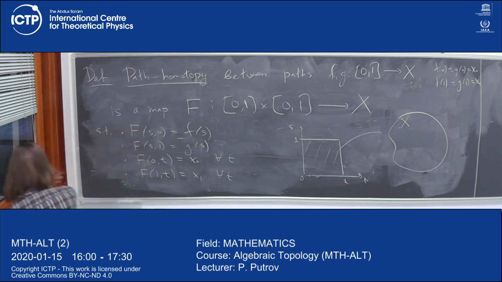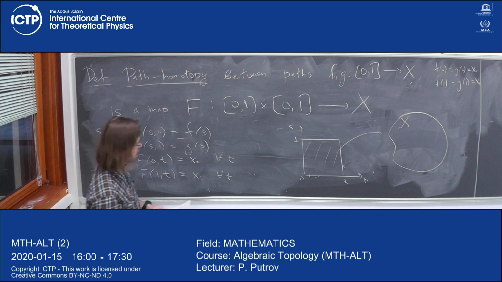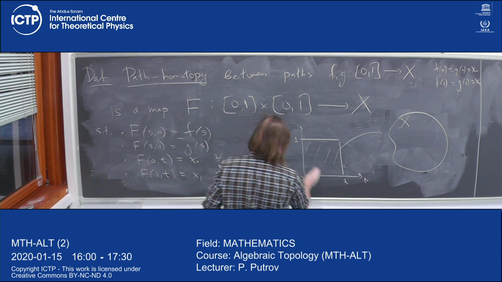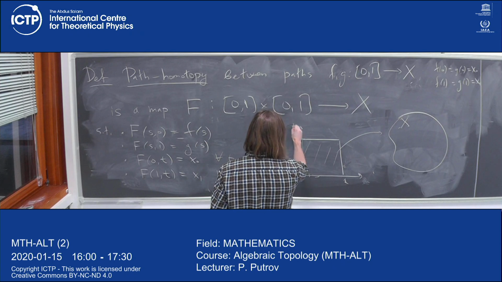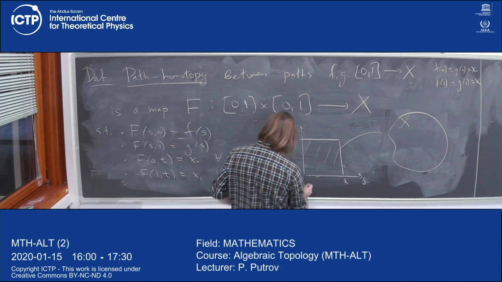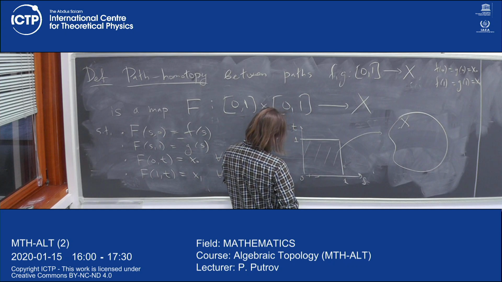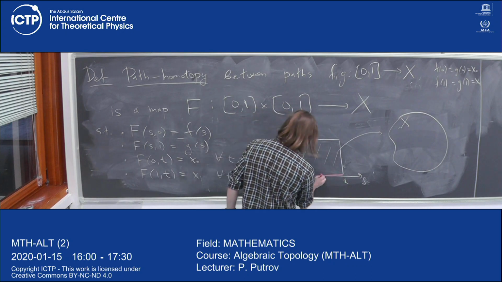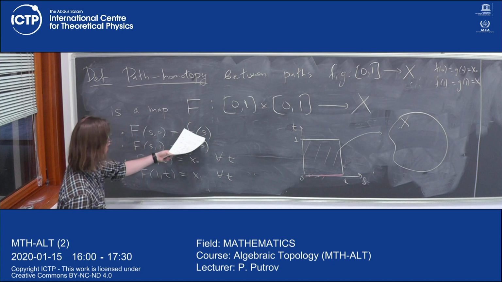The first condition means that if I restrict my big F to this edge, you can see the values, this takes the same value as my path F.